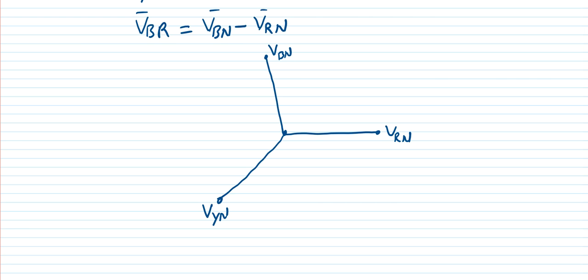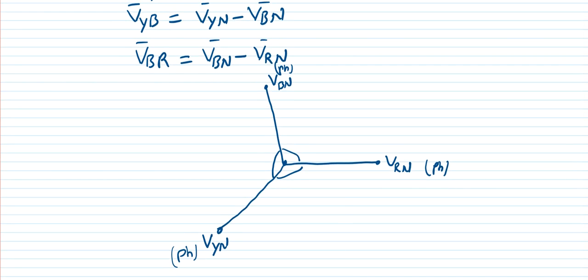Therefore, from here to here it is 120 degrees, here to here it is 120 degrees, and here to here it is 120 degrees. This is a phase voltage, this is also a phase voltage, VYN, and this is also a phase voltage.